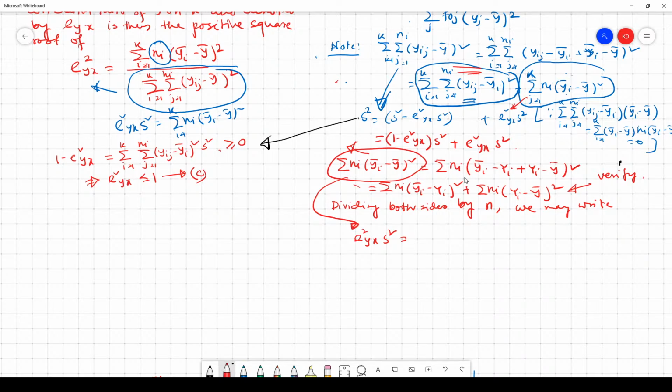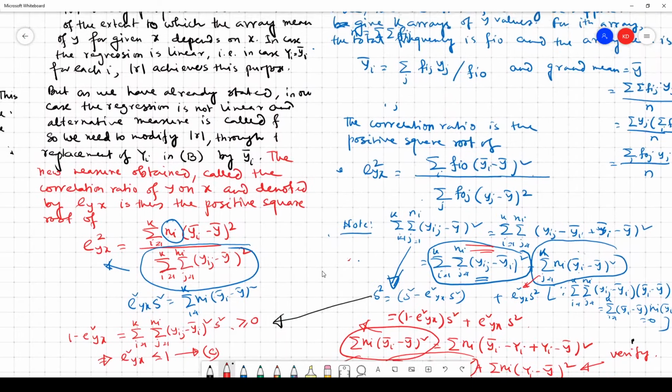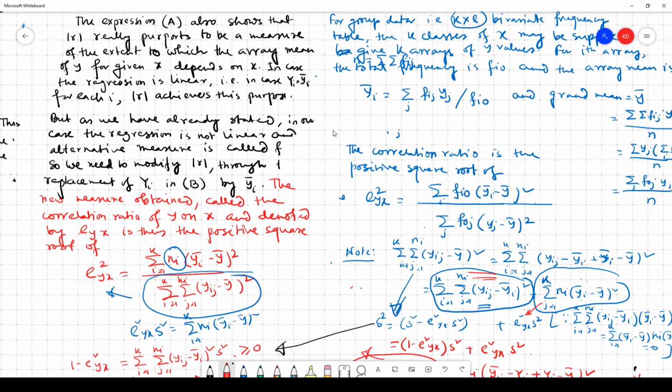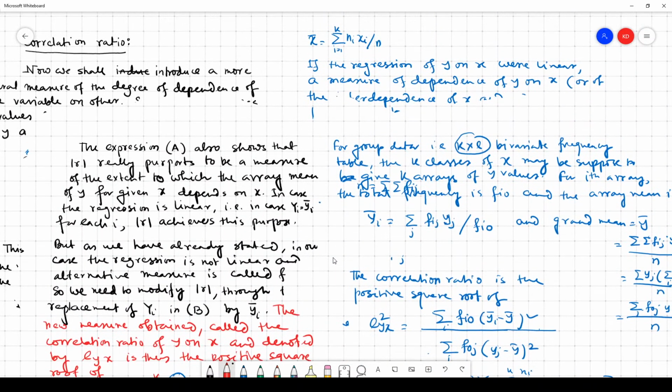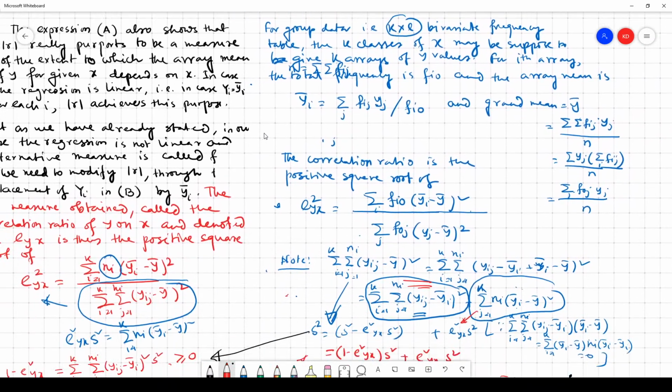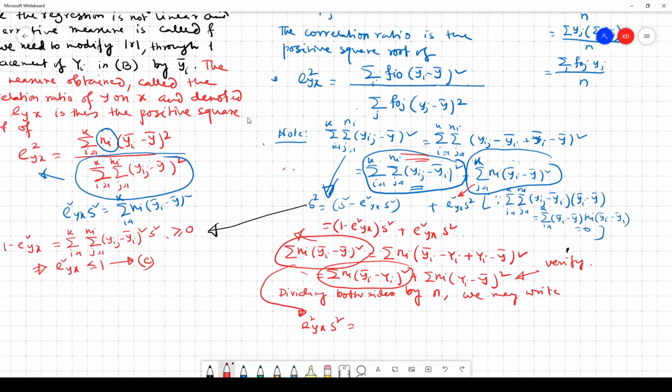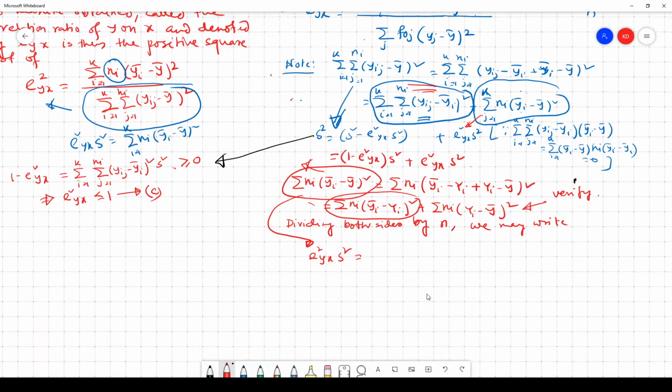Okay, I think I erased this part already, so please check yourself and check the notes.